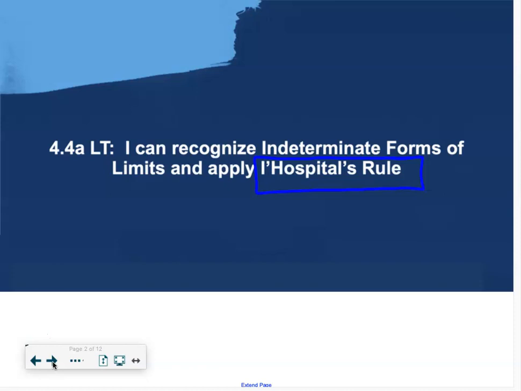I personally always spell it with an uppercase L and no S. Your book spells it with a lowercase l and an S. But if you ever Google L'Hopital's, all the different spellings will show up. Every site does its own version of how to spell L'Hopital's.